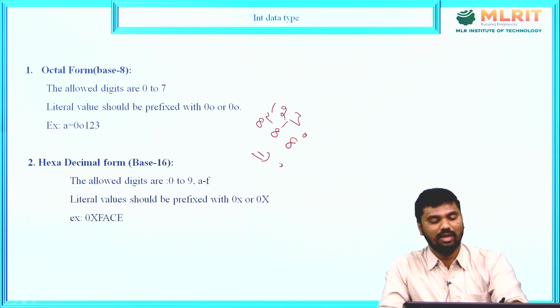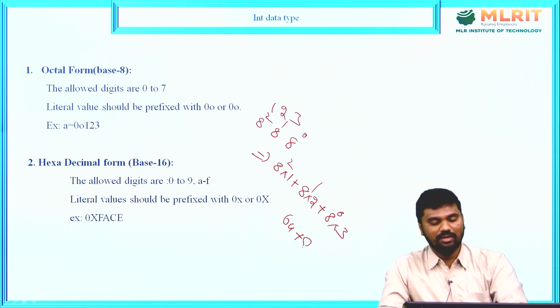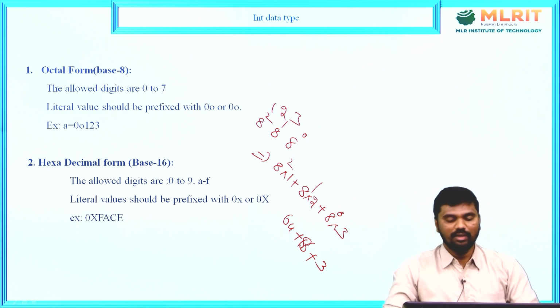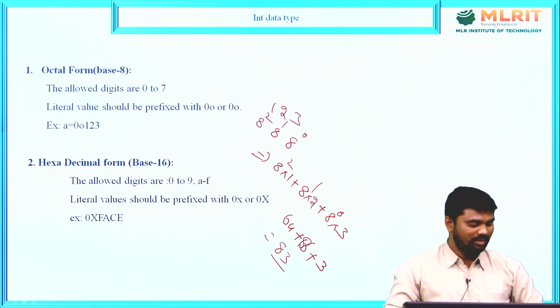That is 8 power 2 into 1, plus 8 power 1 into 2, plus 8 power 0 into 3. Now 8 squared means 64, plus 8 twos are 16, plus 1 into 3 is 3. So the total is 83. Let me run the program.